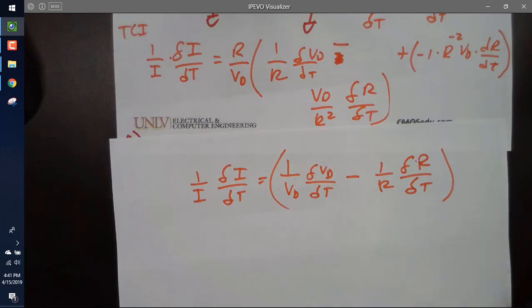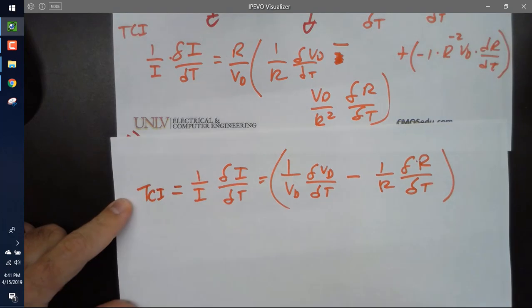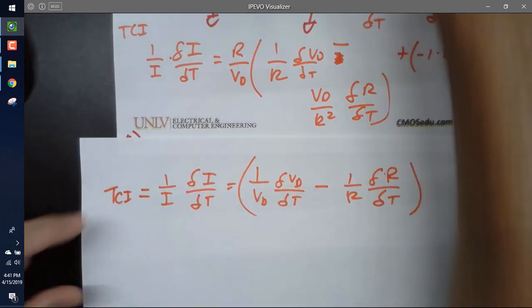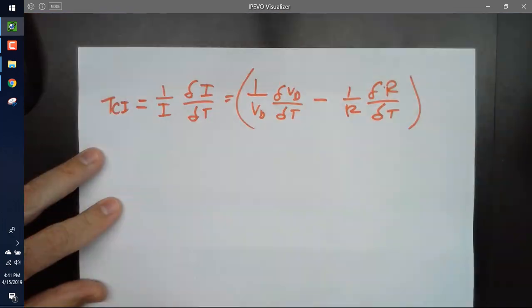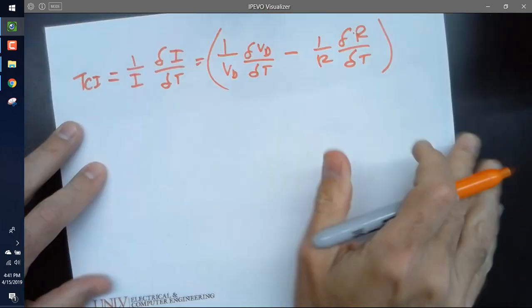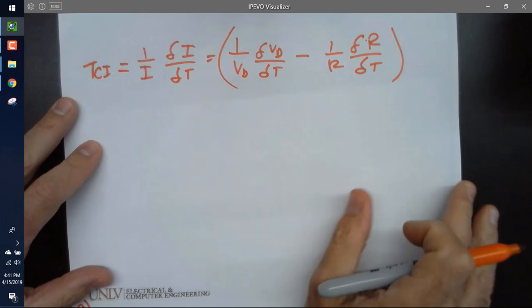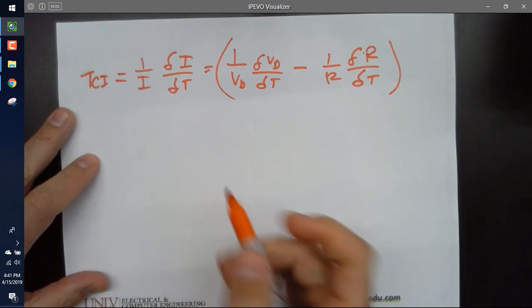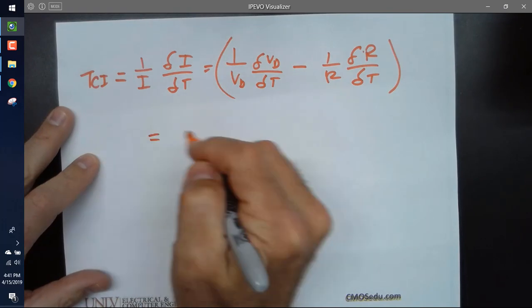So this again is the temperature coefficient of the current. I'm going to rewrite this, how about I write it as the following.